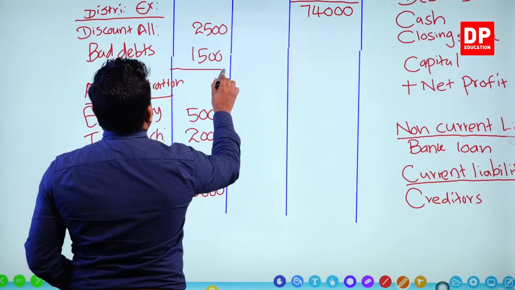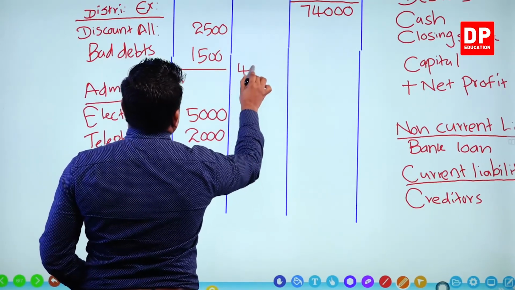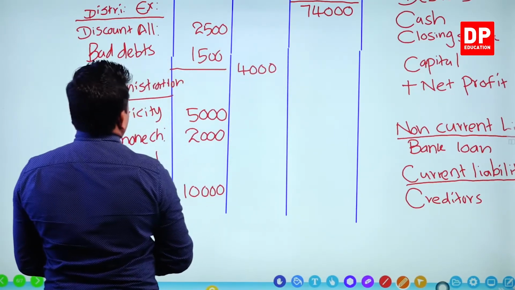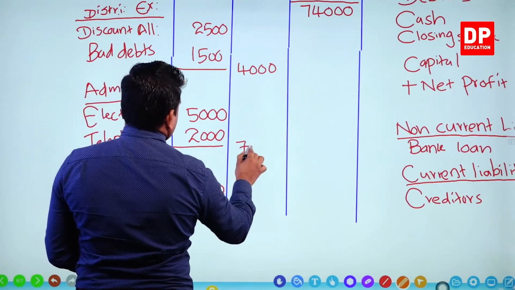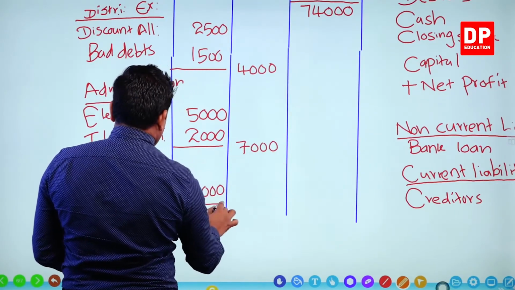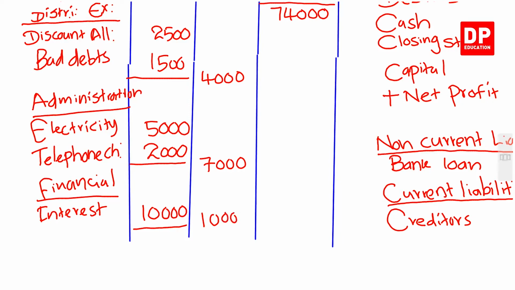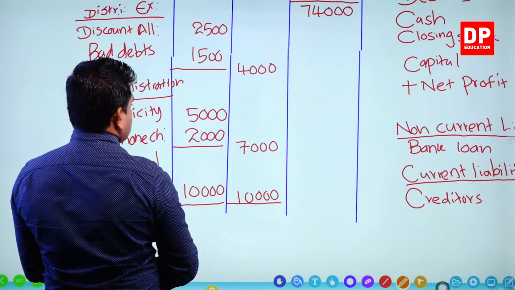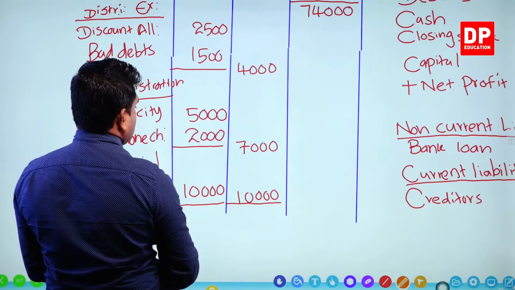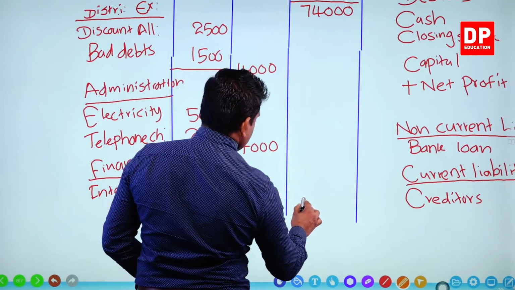Here how much? 4,000. Here 7,000. Here 10,000. Then you get the total of the expenses. Here 21,000.